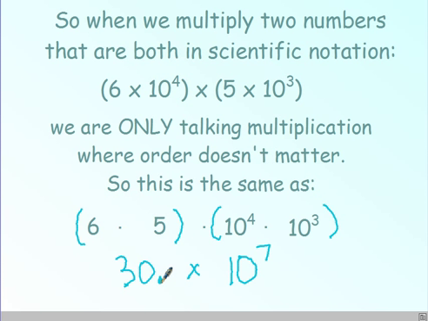In a whole number, the decimal is after the number. I need to move that one place to the left, which adds 1 to my exponent. So my proper scientific notation needs to be 3, or 3.0, times 10 to the 8th power. Pause the video if you need time to write down this example.